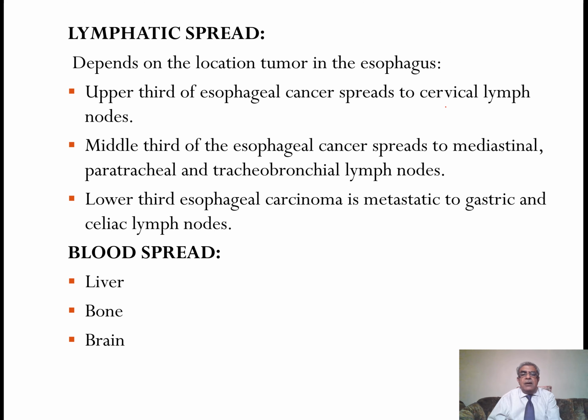When located in the middle one third, the esophageal cancer spreads to the mediastinal, paratracheal, and tracheobronchial lymph nodes. When in the lower third, the lymph nodes involved are gastric and celiac. So gastric and celiac lymph nodes are involved when the tumor is located in the lower one third.